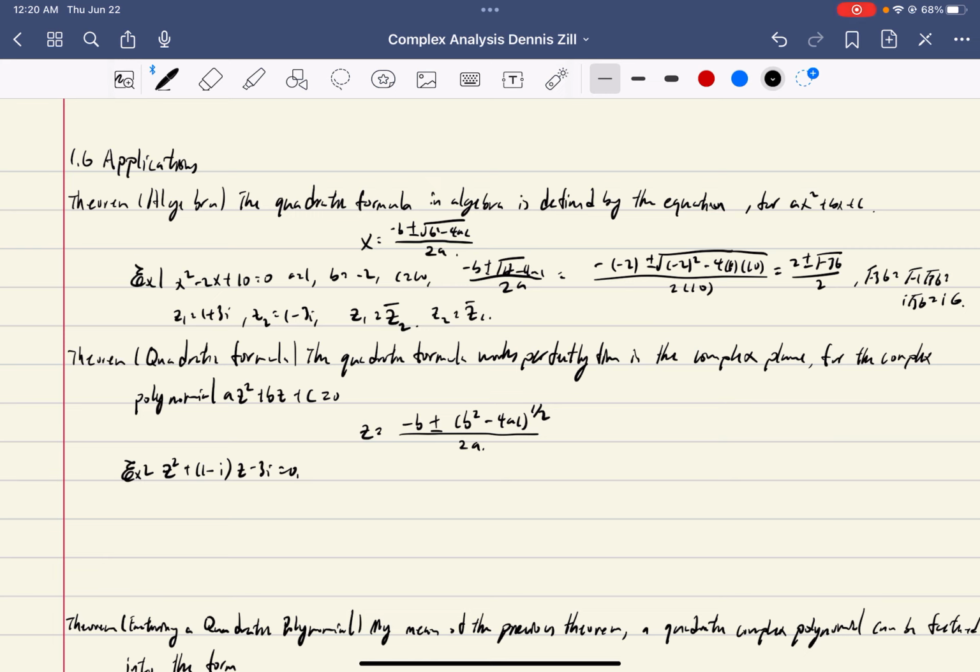Now, the quadratic formula works perfectly fine in the complex plane.